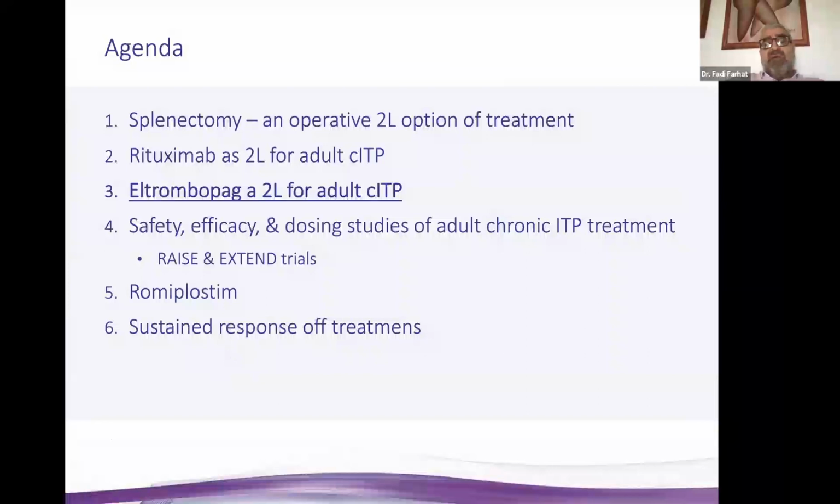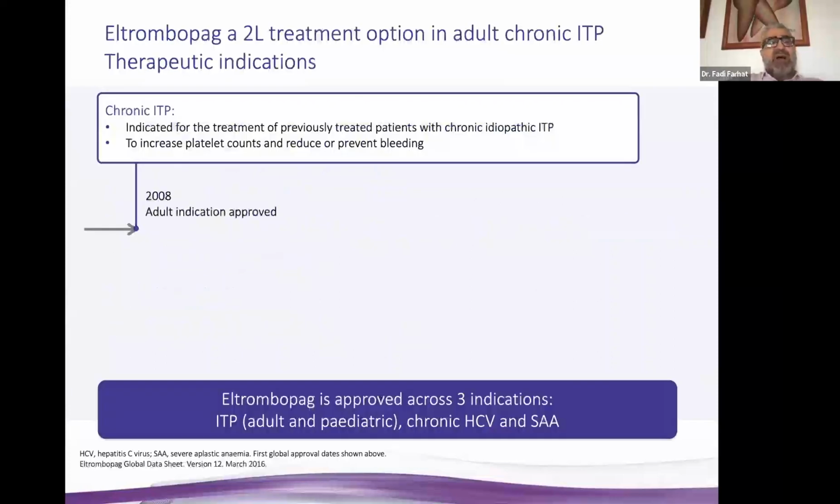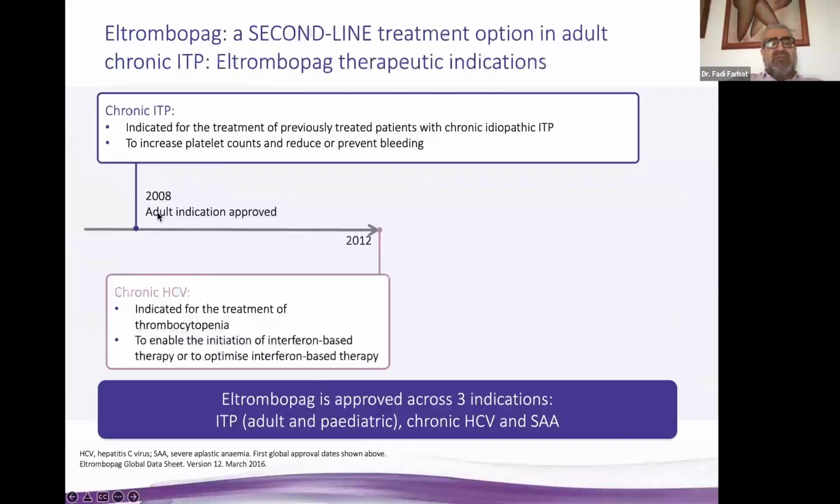Now we have new drugs. Eltrombopag, second line, which is known as Revolade, is a second-line treatment option in chronic ITP. We all remember the approval in 2008 for ITP, and the aim was to increase platelet count and reduce or prevent bleeding.